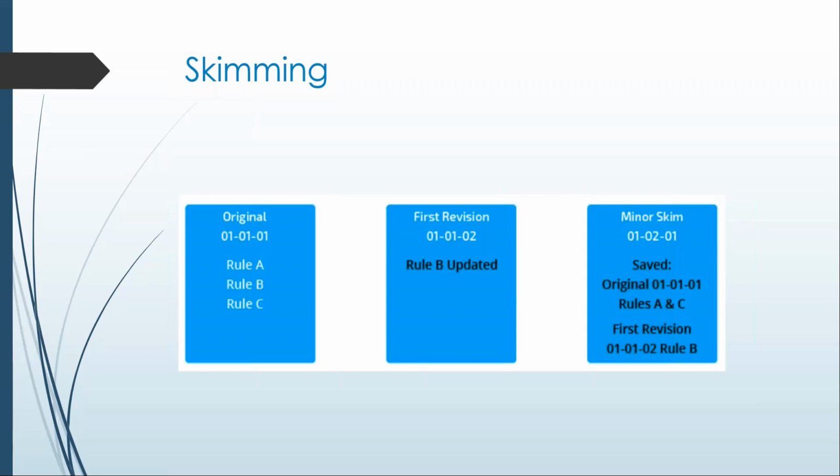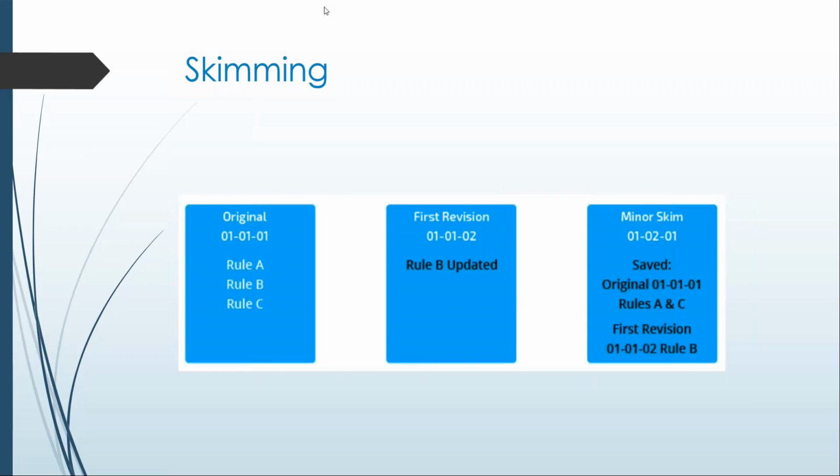Doesn't matter for me. I will only pick the highest version of that rule that is available, and only that can be moved. So skimming always means you're leaving behind the impurities. You're only considering the top layer, leaving behind all the unwanted versions.